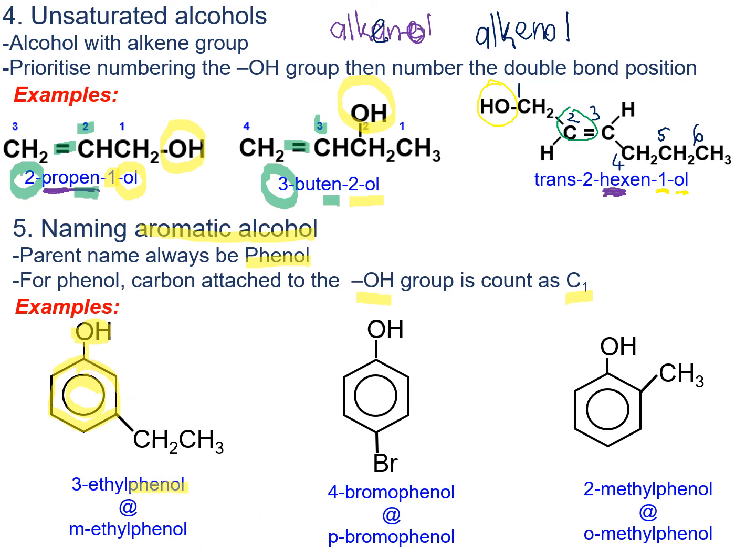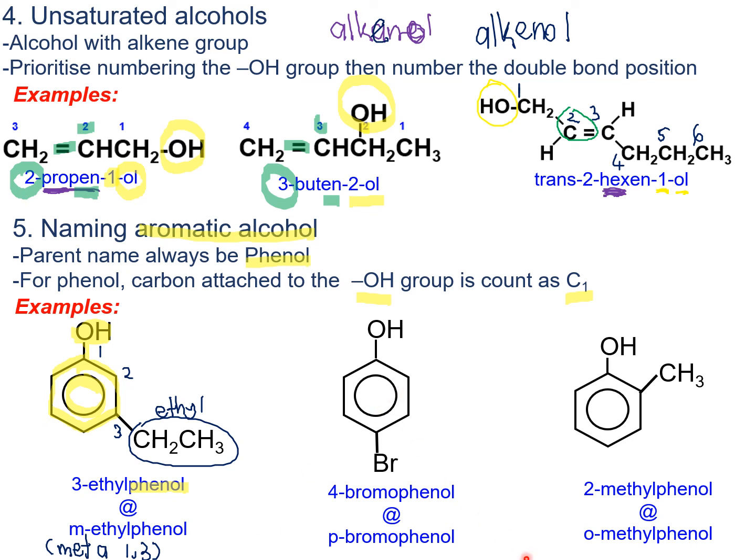Since that this carbon is a carbon number 1, okay, so carbon number 3 is your substituent ethyl. Okay, that's why 3-ethylphenol, ataupun you boleh bagi nama dia m-ethylphenol. M ni maksudnya apa? Meta kan? Meta ni maksudnya dia nak describe kedudukan dekat benzene ring yang ada 2 substituent, 1 dan juga 3.